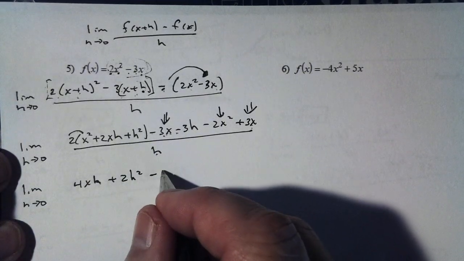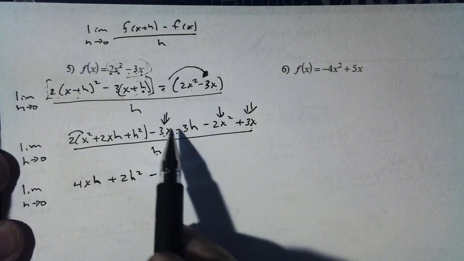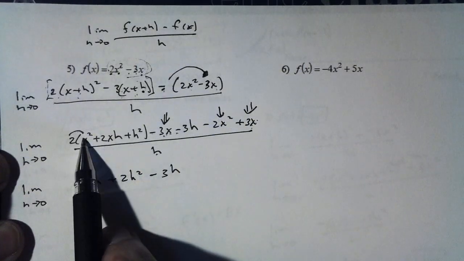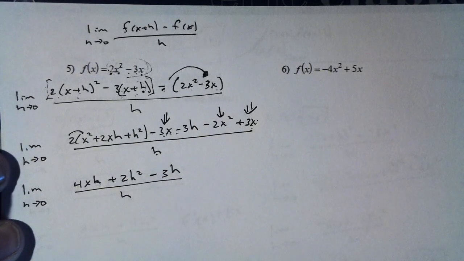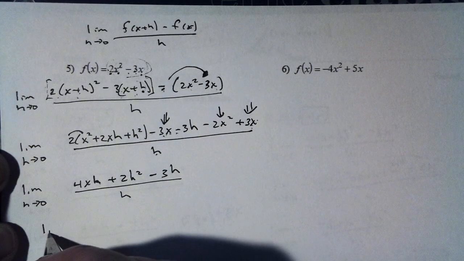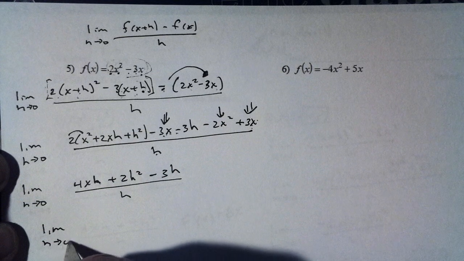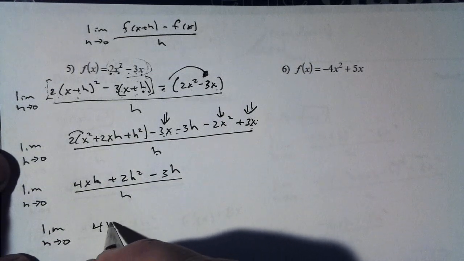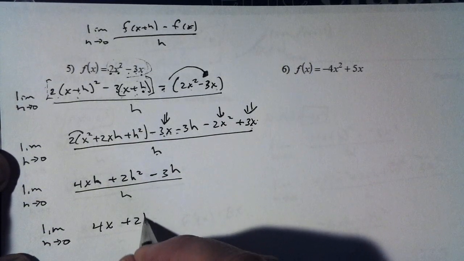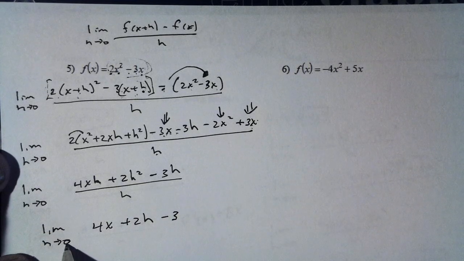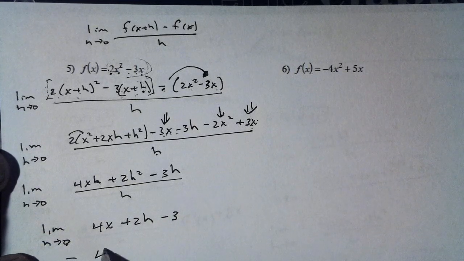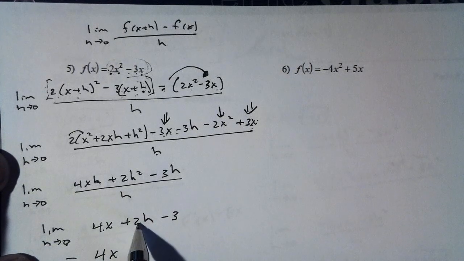I've got a minus 3h, but these canceled, all on h, reduced by h, limit as h approaches 0, 4x plus 2h minus plain old 3, and now if h is 0, we get 4x plus 0 minus 3.